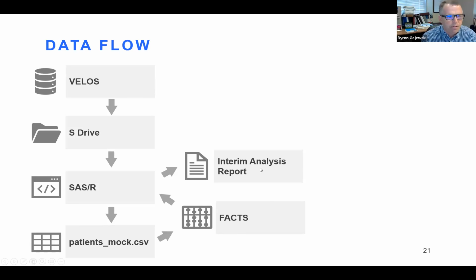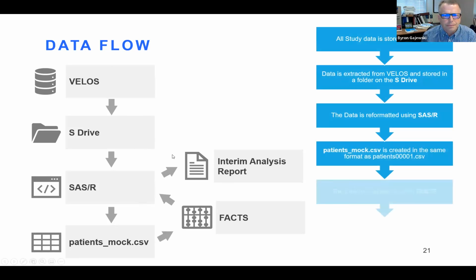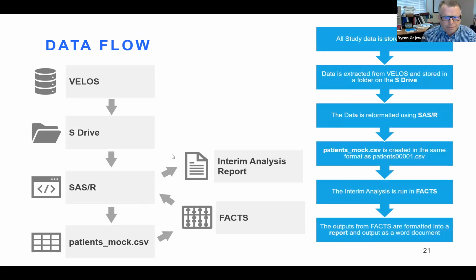This is done in Markdown, so we can have as much reproducibility as possible in this data flow. Then that interim analysis report is in a Word document for all of the appropriate people to read. This one's a mock one, but in a blinded study, the statistical team would focus on the interim analysis report until it's appropriate to share with all investigators.